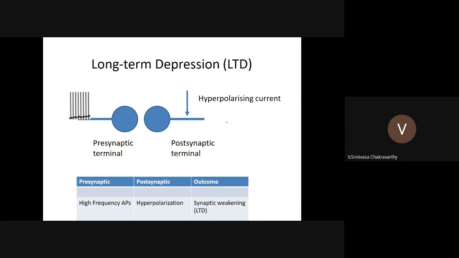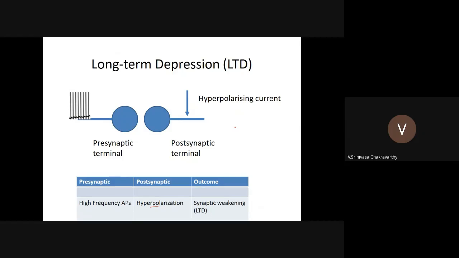Now, there's also a contrary side to the experiment, just like in Hebb's rule. So you give high frequency action potentials on the presynaptic side, but on the postsynaptic side, instead of activating it, you deactivate it. So you give hyperpolarizing current or negative current into the postsynaptic membrane. So the membrane potential goes down, even less than -70, it gets hyperpolarized. When this happens repeatedly for about 10-15 minutes, the synapse becomes weaker.